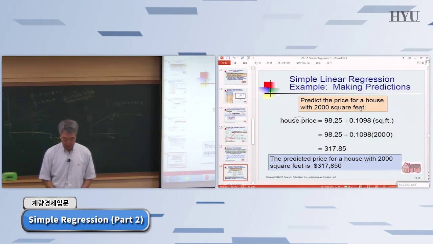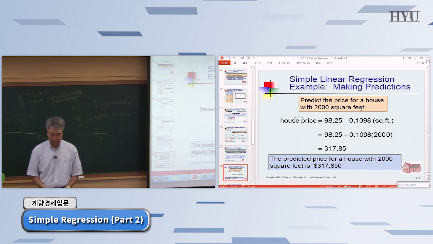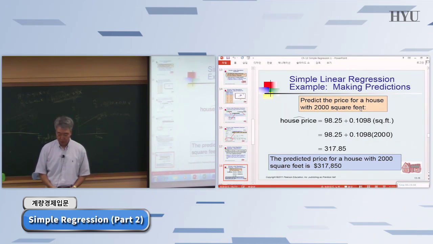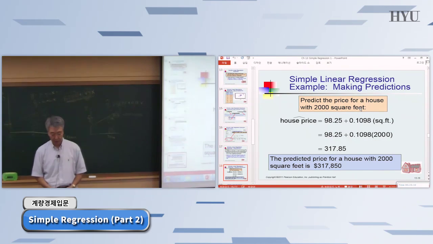All right. So back to this house price example, we have interpreted the meaning of the slope, and then we can use the equation to come up with the predicted value.